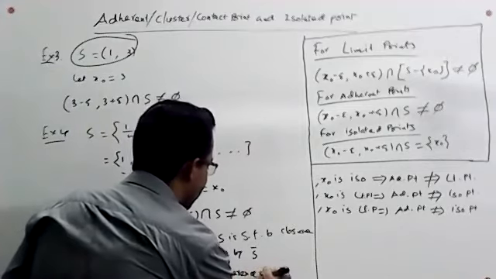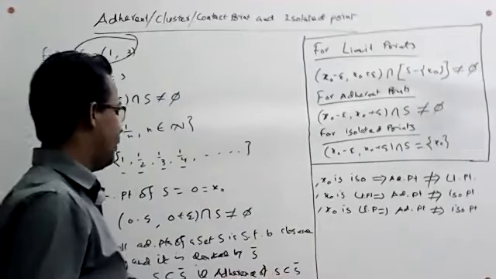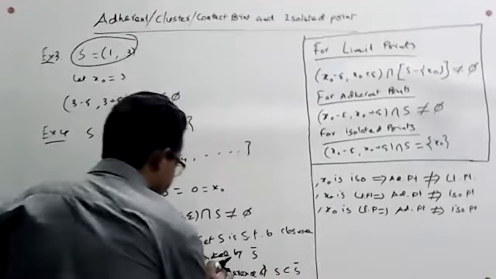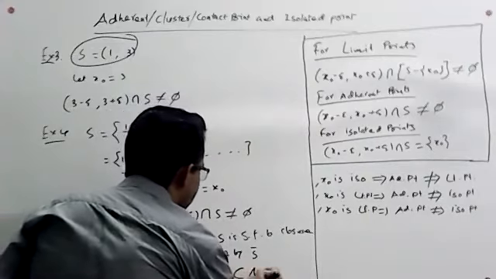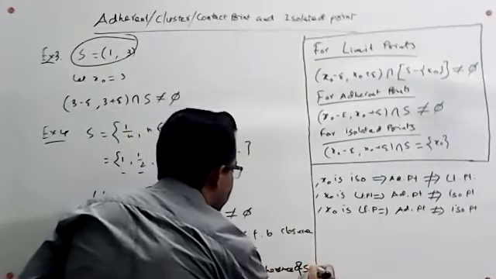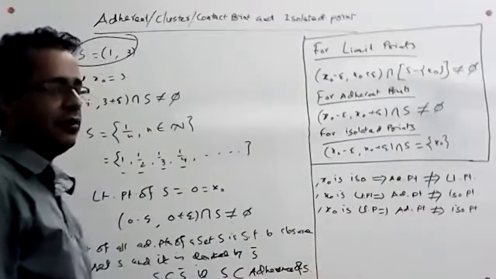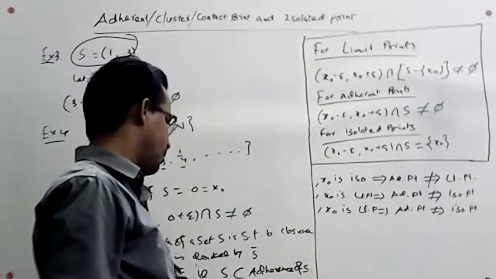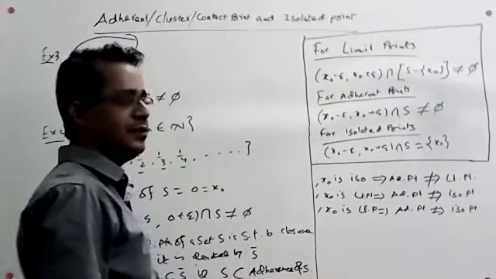Adherence of S is S bar, and here S is a subset of the adherence of S. We say again, adherence of S means the set of all adherent points of a set. Since the set of all adherent points of a set is denoted by S bar, then S is a subset of S bar.